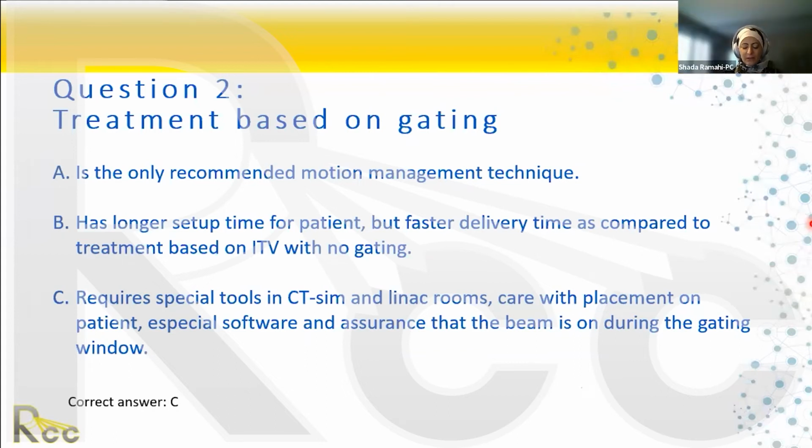By the way, where you put this block that captures the motion, if you put it a little bit higher or a little bit lower, the signal you get will be different. If I'm doing phase-based gating, that shouldn't be a problem. If I'm doing DIBH, that could be completely wrong.